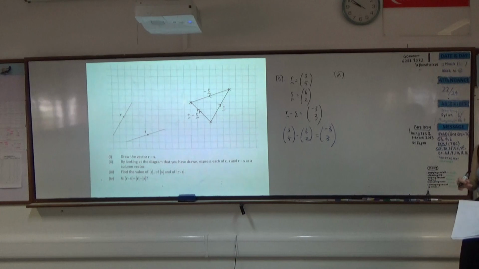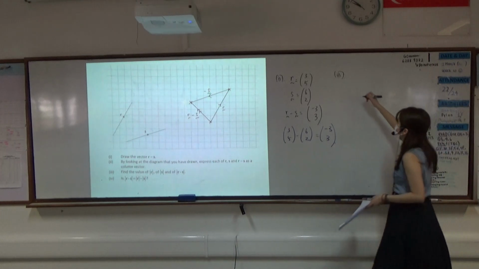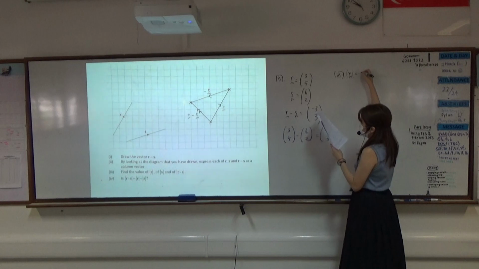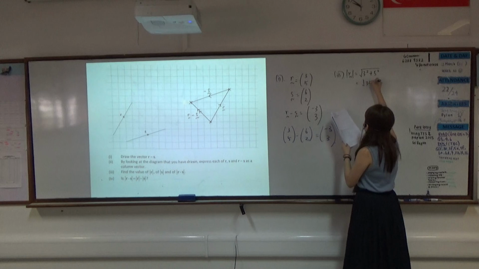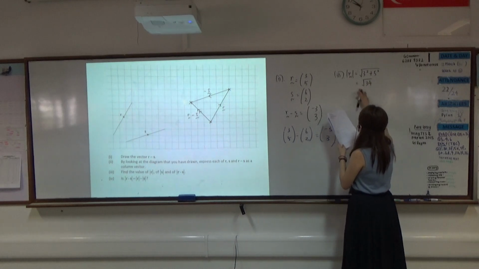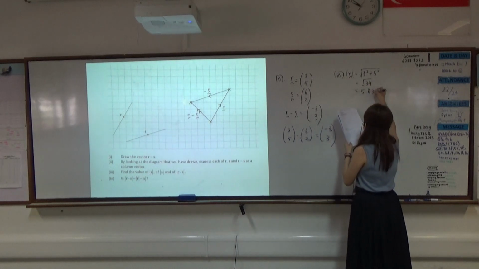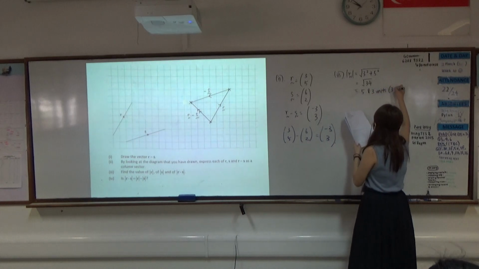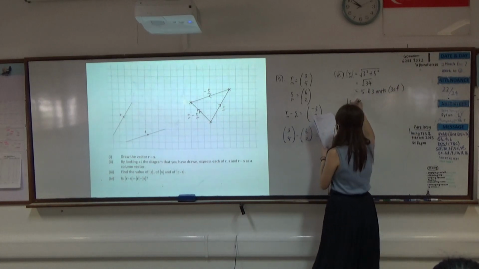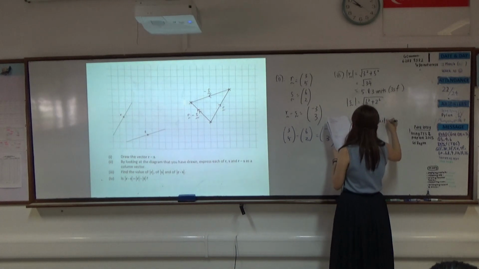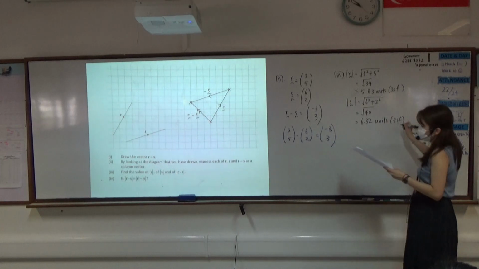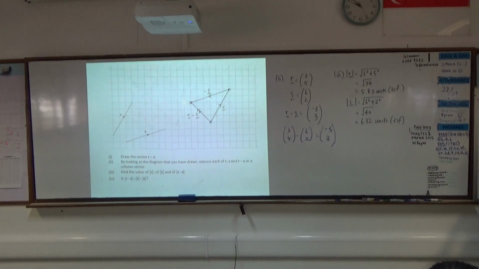Then we figure out the magnitudes of the respective vectors. So using our Pythagoras, we get that the magnitude of R and magnitude of S is as such.